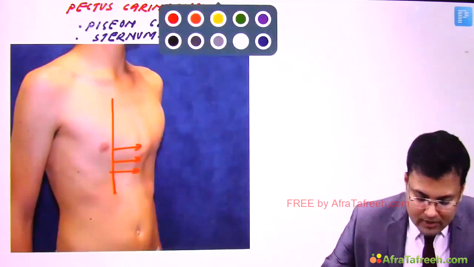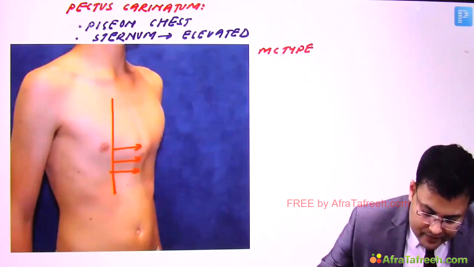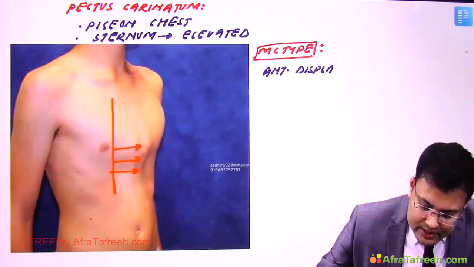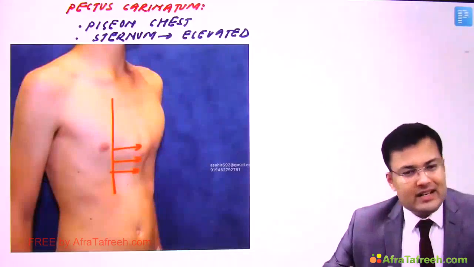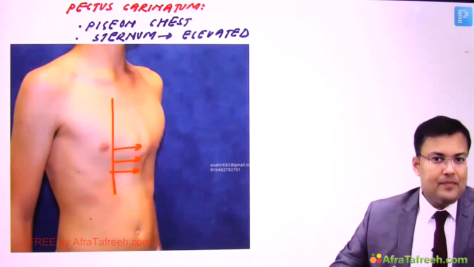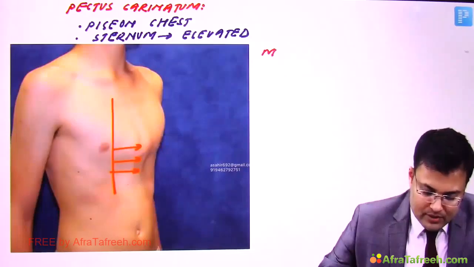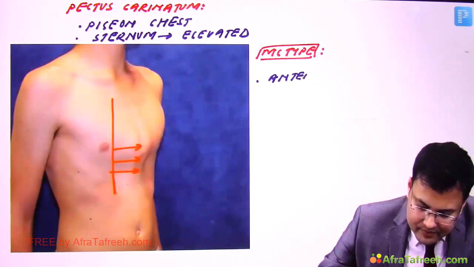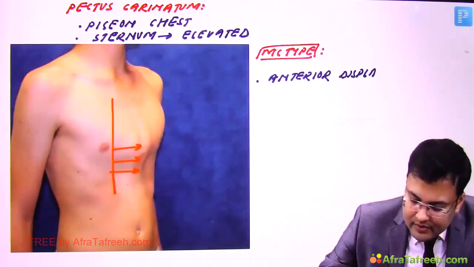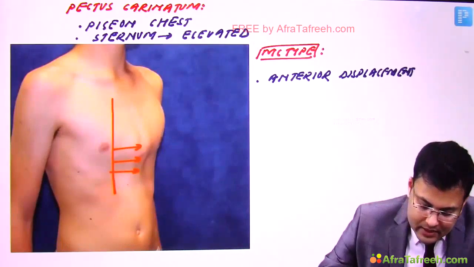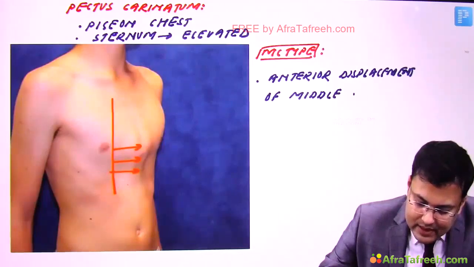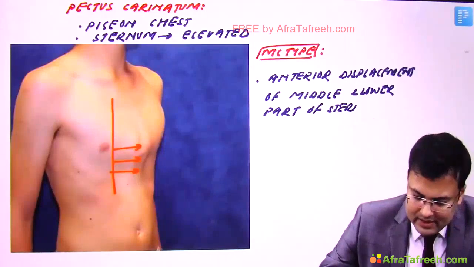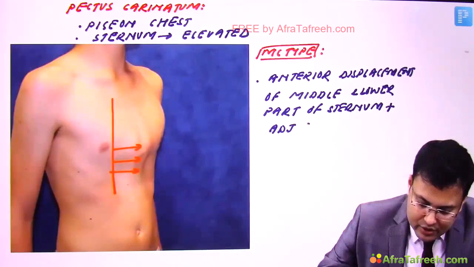Now what is the most common type? There is anterior displacement of the middle and lower part of the sternum with the adjacent costal cartilage, right?